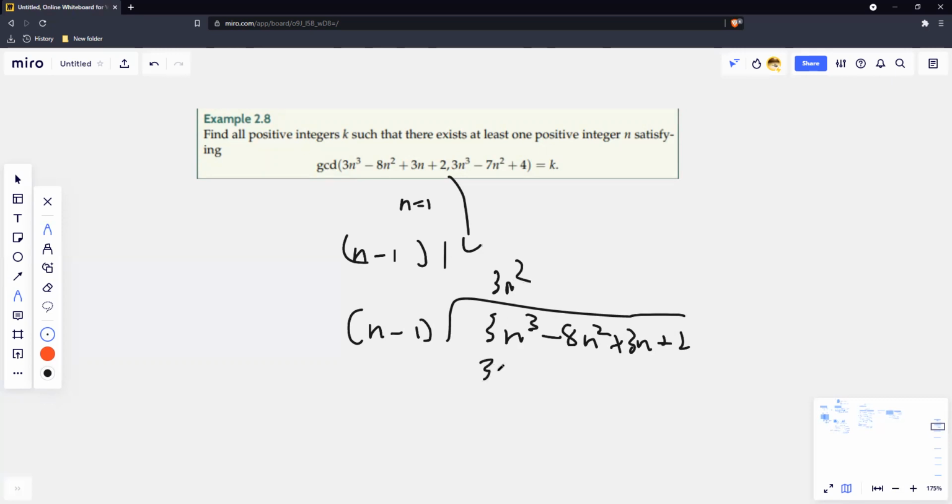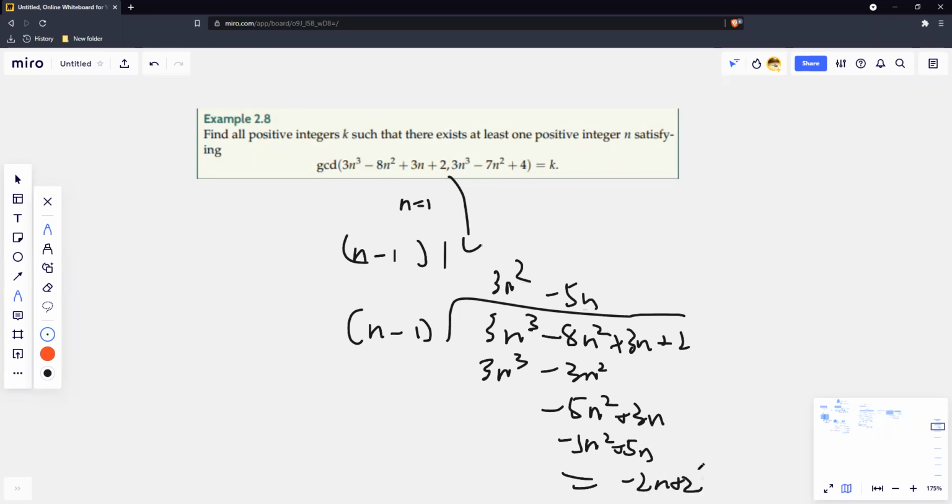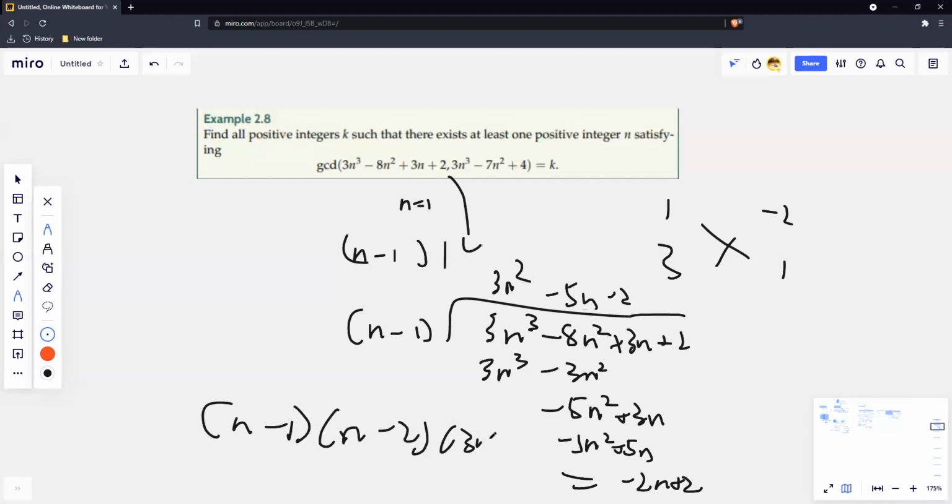So 3n cubed minus 8n squared plus 5n minus 2, and subtracting gives minus 2n plus 2, which is equal to minus 2 times n minus 1, and then we have no remainder if we multiply. So then this is a quadratic. You all know how to factor it. We just use the box method. So then we have n minus 1 times n minus 2 times 3n plus 1.